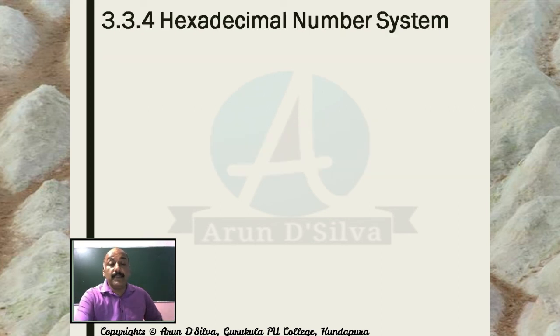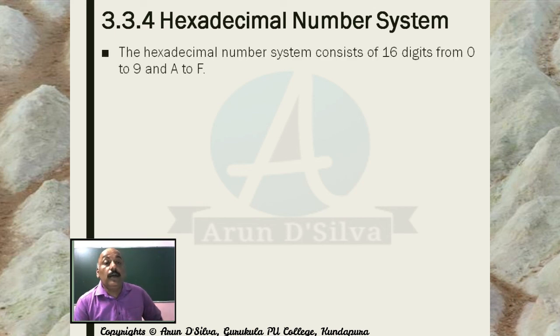And the last number system is the hexadecimal number system in this chapter. So how is it there? Hexadecimal means the number that comes to our mind is 16. Here the number system consists of 16 digits, that is 0 to 9, which makes 10 digits. Then they make use of the alphabets A to F, A, B, C, D, E, F. So altogether it becomes 16 digits.